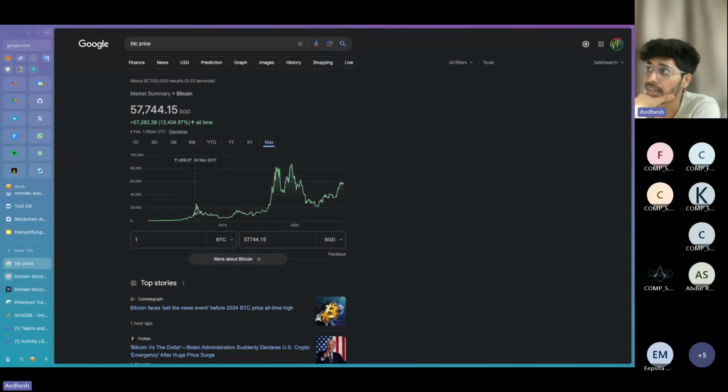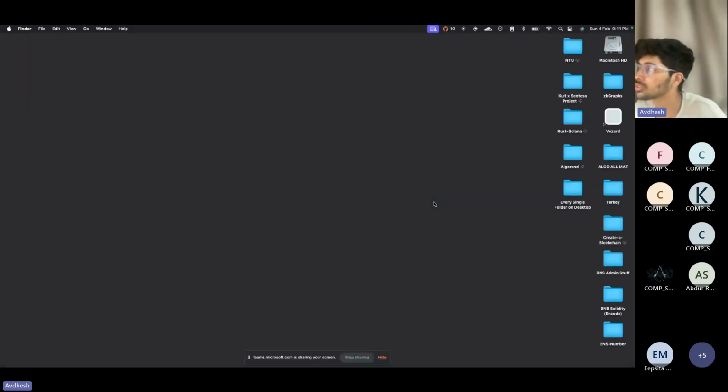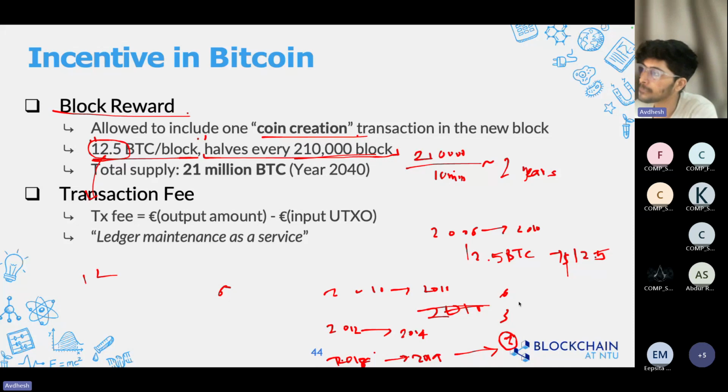So if you mint one block, you'll get around, sorry, this is 12,000. Yeah, 2018 to 19, $12,000 into two, which is like $24K. So just to get a block appended, you can earn around 24K, so that is the jump.